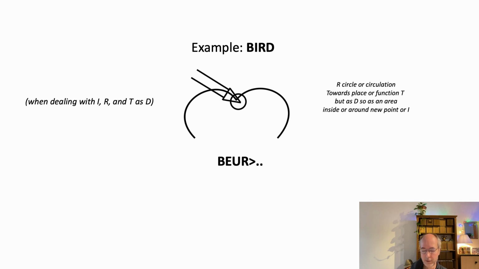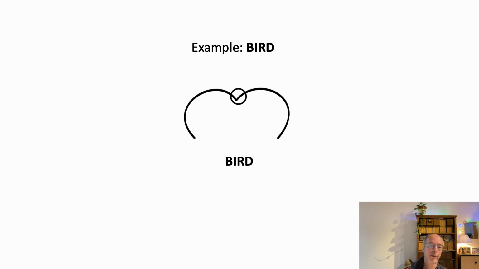So if I really deal with all these letters, it's actually a very simple form. It's nothing more than that, and the place is also well. So yes, bird is actually expressed like this in a very easy way.